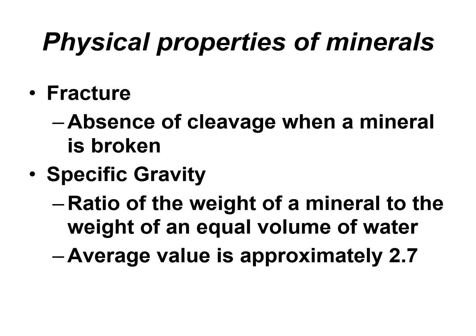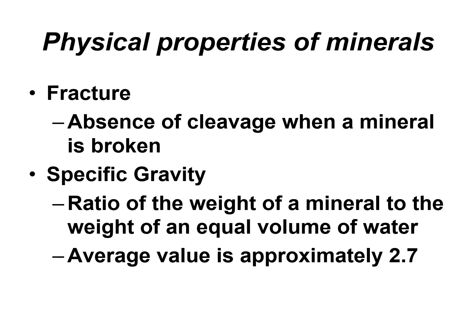Okay, some of the other properties, of course, we have fracture. So if it does not exhibit cleavage, it has what we call fracture. Sometimes it will still break into certain patterns because these fracture surfaces can curve in distinct ways. We call that conchoidal fracture, but we'll see that in a second. And then there's specific gravity.